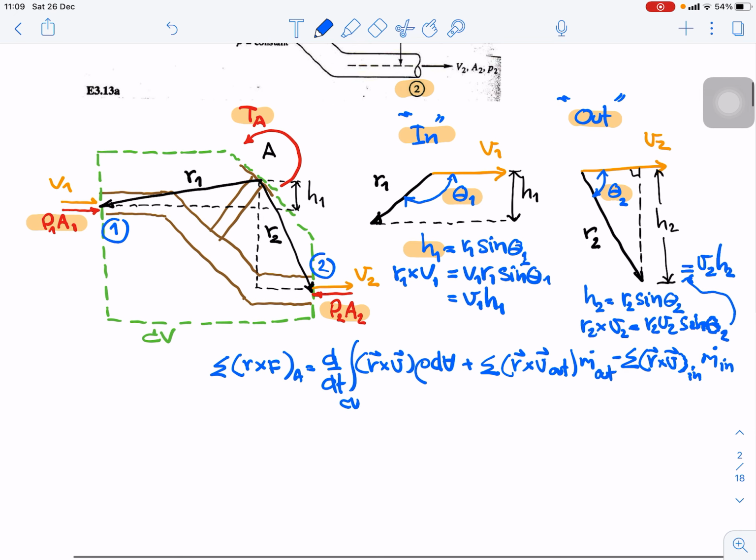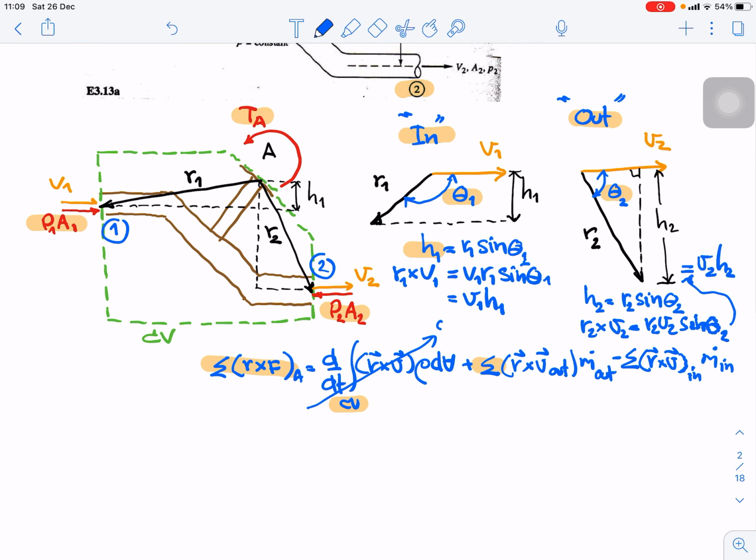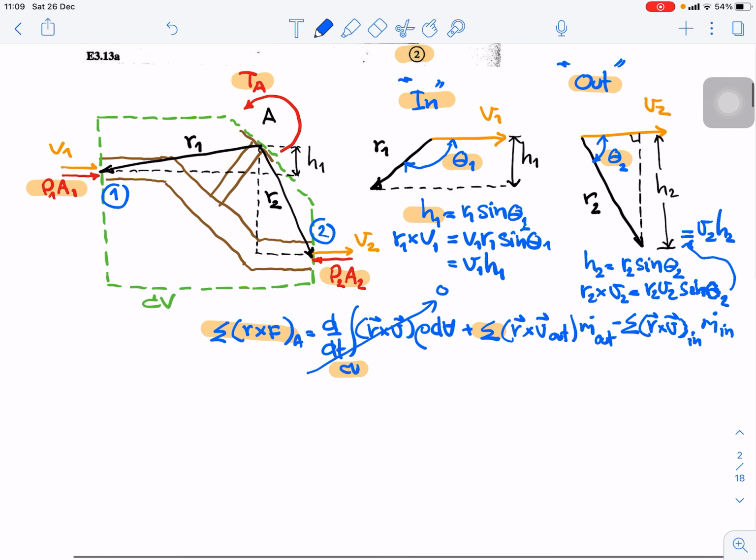Next we write the equation of angular momentum. This is the change of angular momentum inside the control volume, plus the summation at the outflow and inflow. The change of momentum inside the control volume is going to be zero.